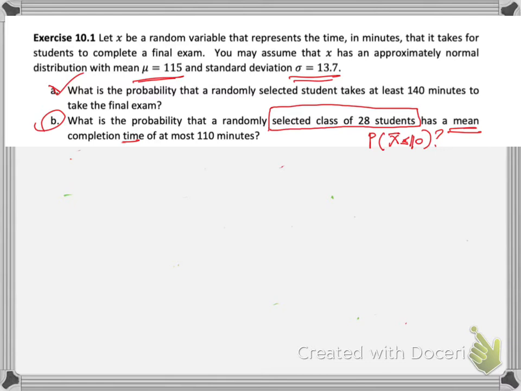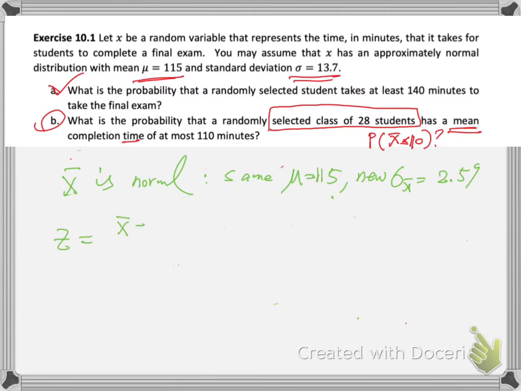So x bar is normal, and then same mu, 115, and the new sigma, the one we just got, 2.59. So now z is x bar minus mu divided by sigma x bar. So now what is x bar? The cutting line is 110, right?